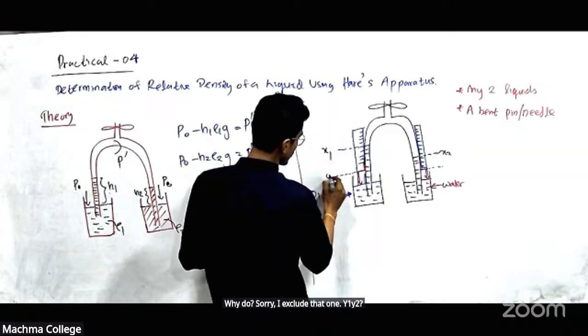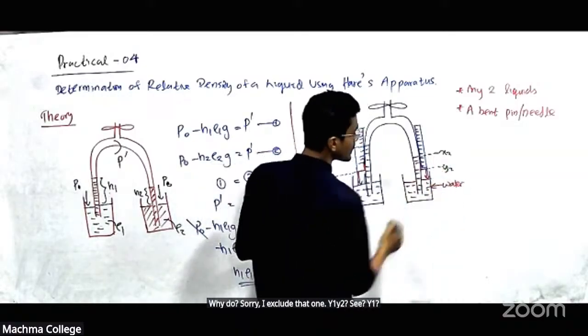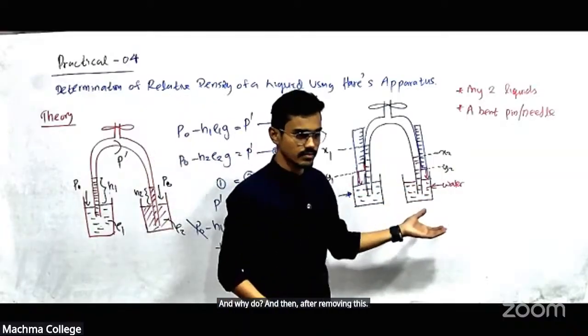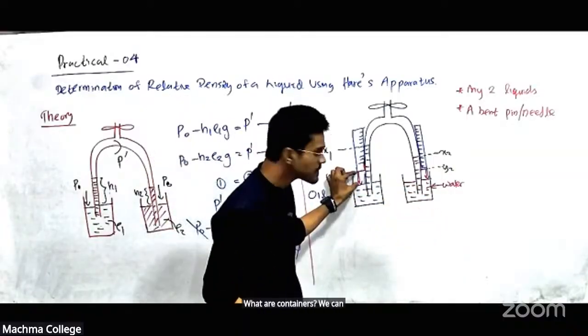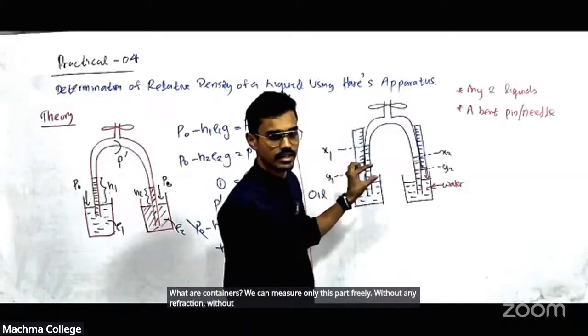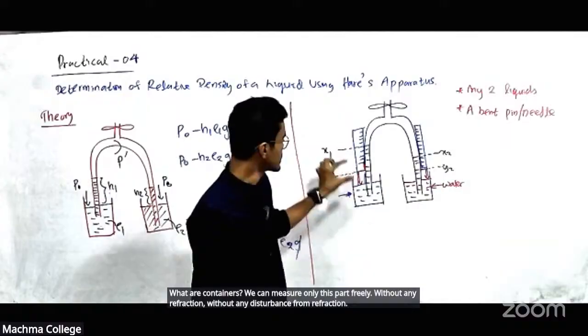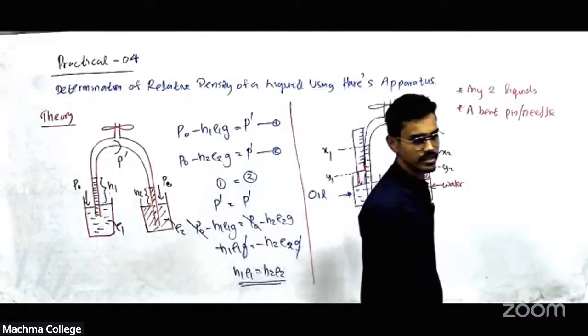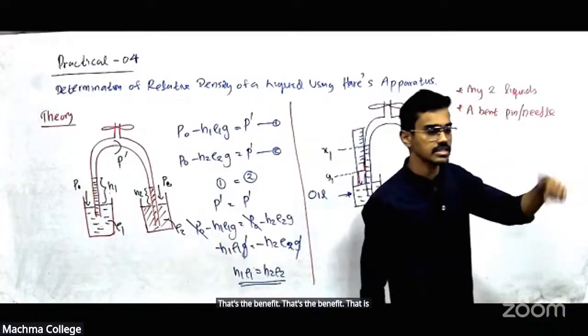See, y1 and y2. And then after removing these water containers, we can measure only this part freely, without any disturbance from refraction. That's the benefit. That is how it increases accuracy.